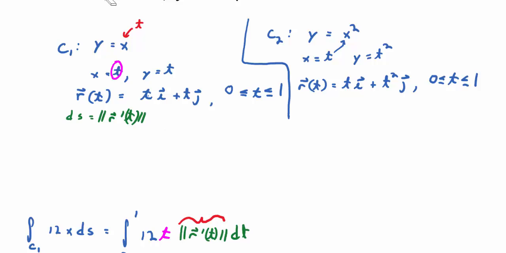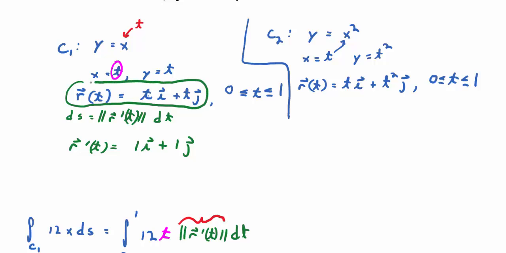So ds is magnitude r prime of t dt. Okay. And then what is r prime of t? It's 1i plus 1j, right? Taking the derivative of this guy. Everybody agree with that? Okay.